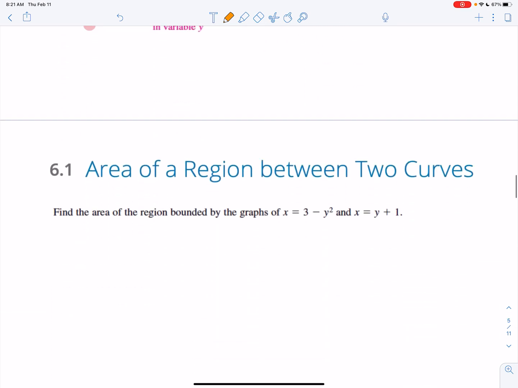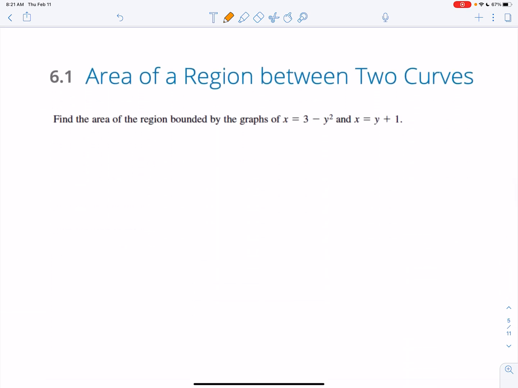So here we go. So go ahead and write this down. Example 1. Find the area of the region bounded by the graphs of x equals 3 minus y squared and x equals y plus 1. Okay, so first things first, a telltale sign that you have to integrate with y is if your equations are not in terms of x.